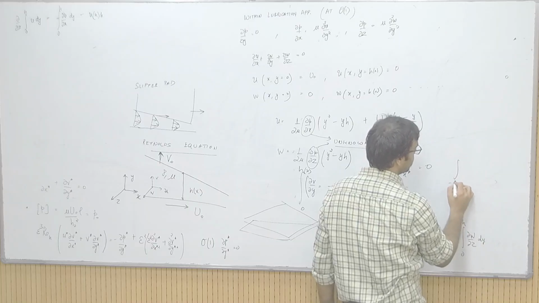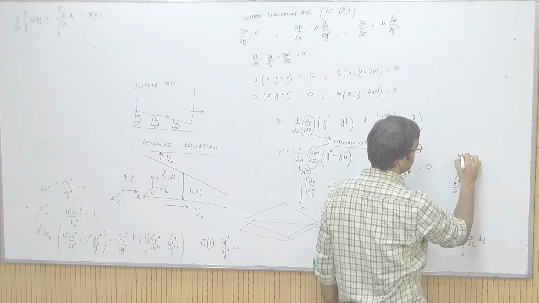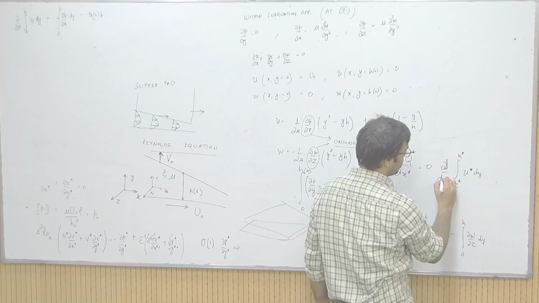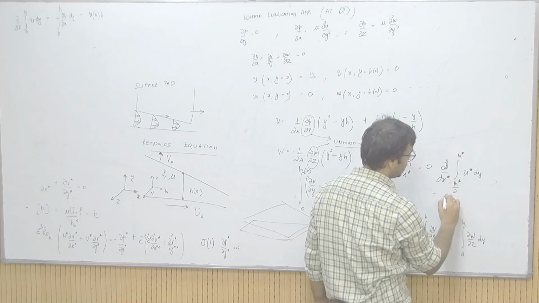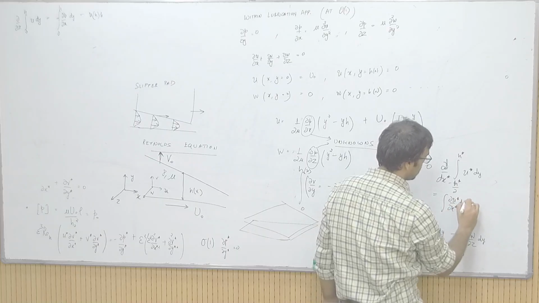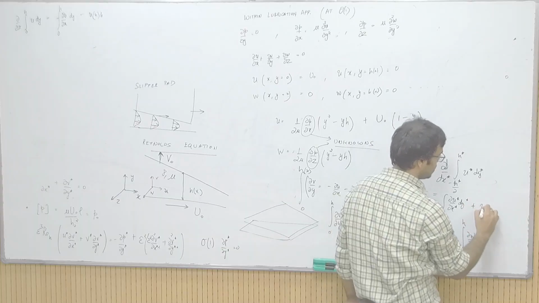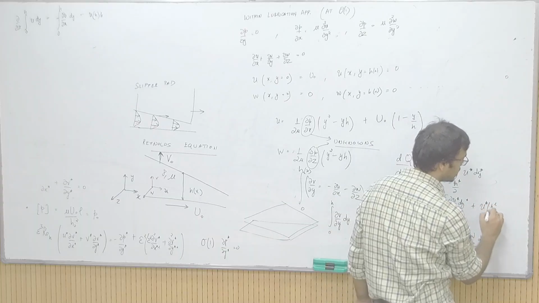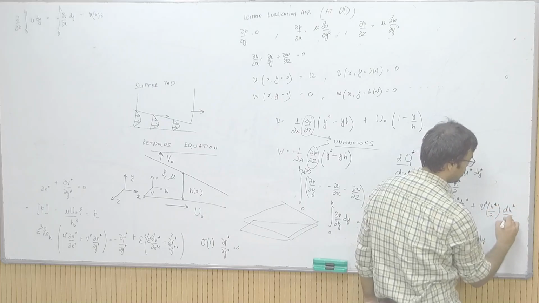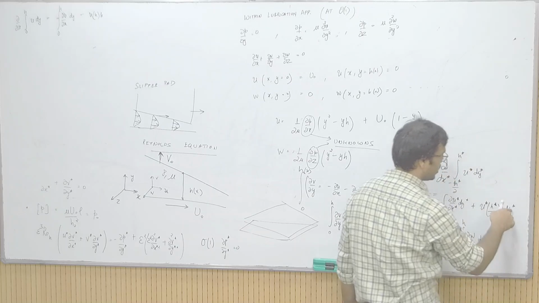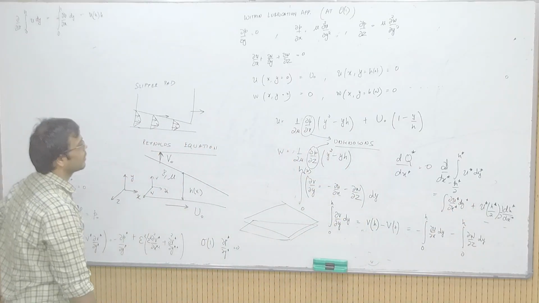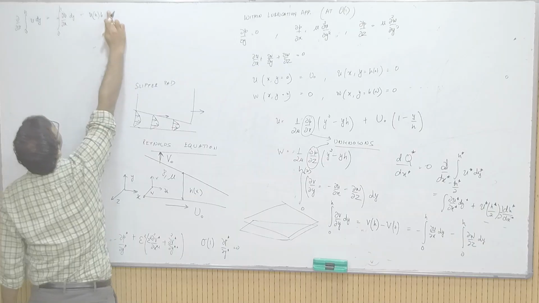So, when you integrate it from minus h star by 2 to h star by 2, this should be del u star over del x star dy star plus u star at h star by 2. It does not impact the result, but it should be this, not h star by 2, and then the minus sign thing. Okay. So, here we will have dh over dx.